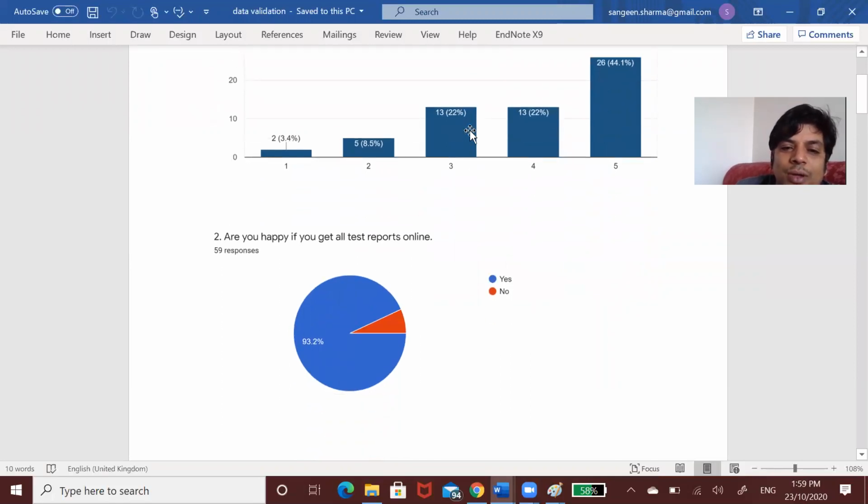And in the same way, how happy are you to get all the test reports online? 93.2% of the people are happy to get their report online.